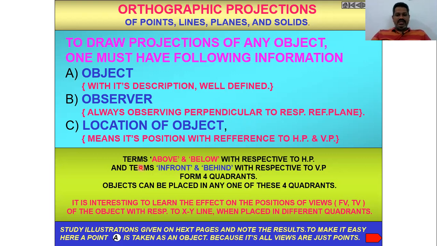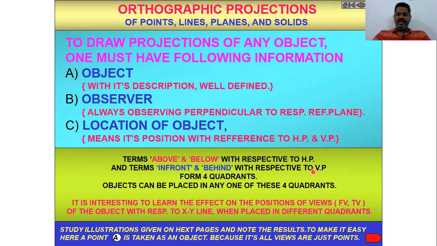The terms used while drawing the orthographic projections are above and below with respect to HP. That means the component or the object is above or below the HP. We may also use in front and behind with respect to VP.